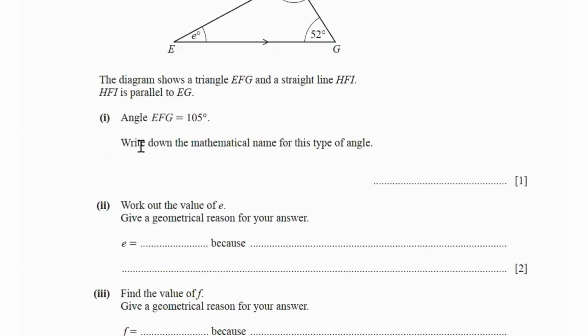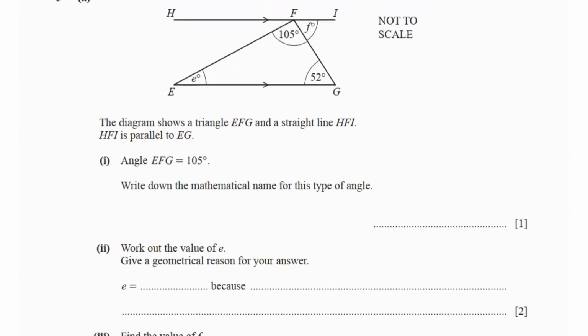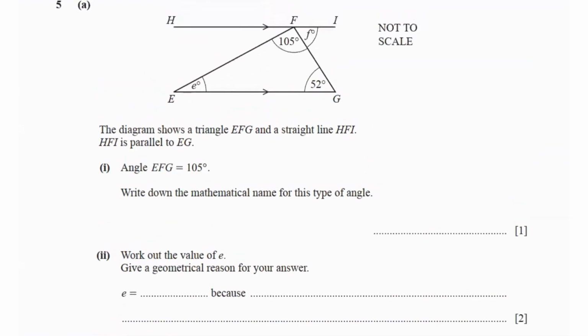Next part says work out the value of E. Give a geometrical reason for your answer. So for E, this is going to be 180 minus 105 minus 52, which is basically equal to 23 degrees.